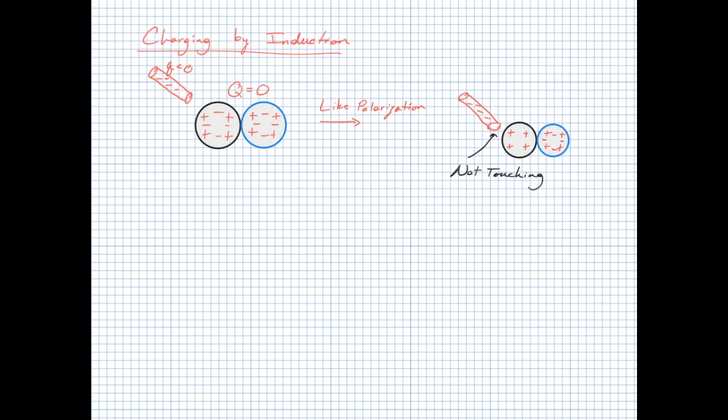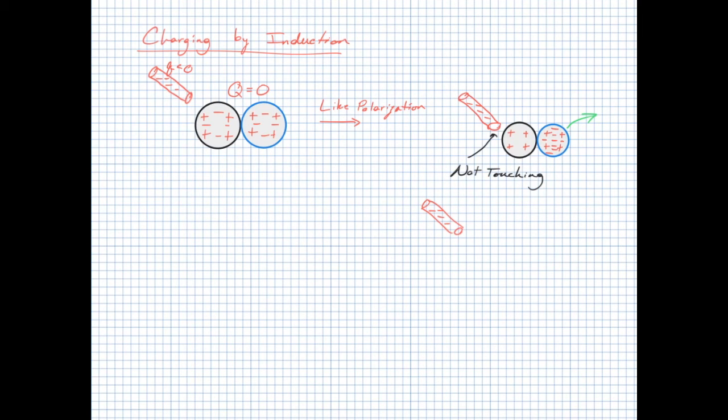Okay, now if I take the insulating rod away, these electrons will redistribute and we're back to being both neutral. So instead, what we're going to do first is take the blue conductor and move that one away. And then when we do that, one of these conducting spheres, which was originally neutral, now has a positive charge, and the other one has a negative charge.